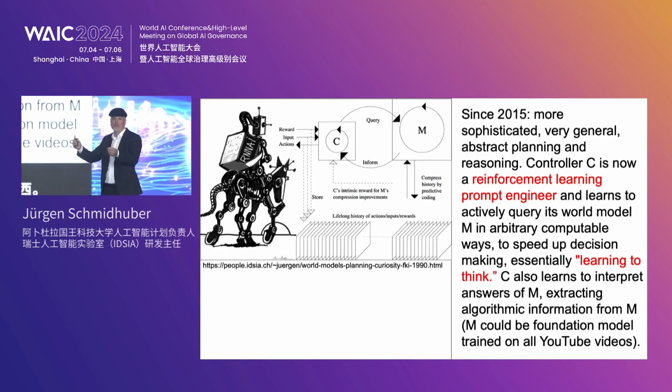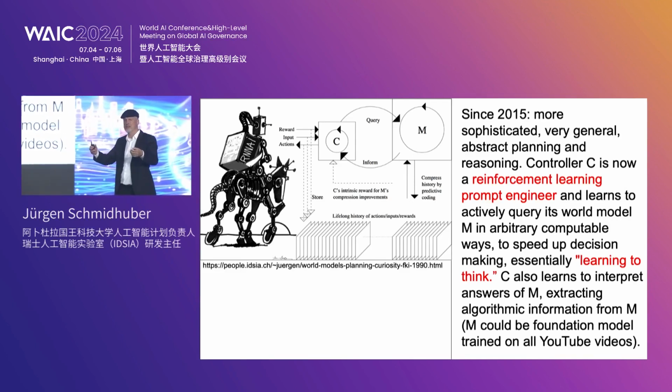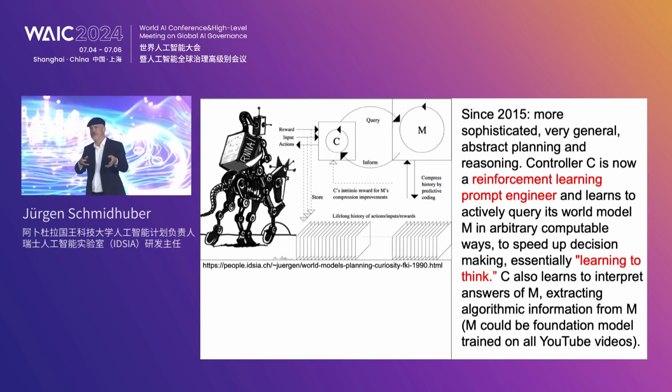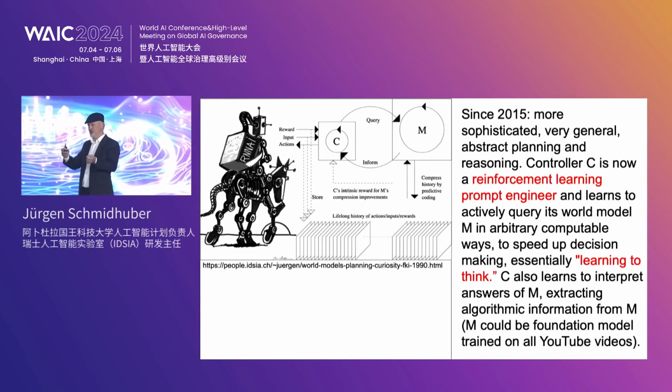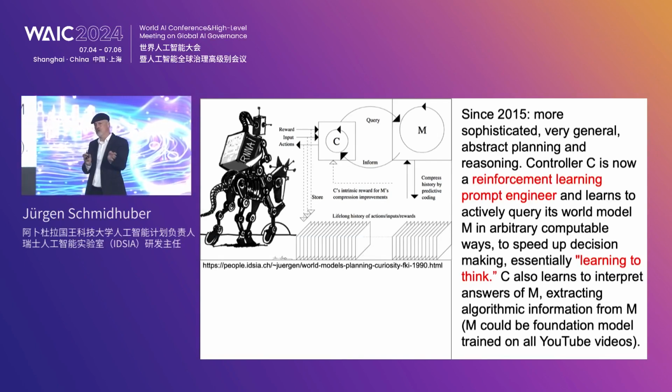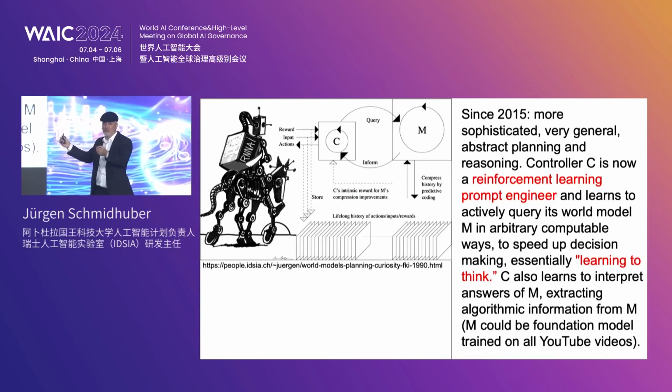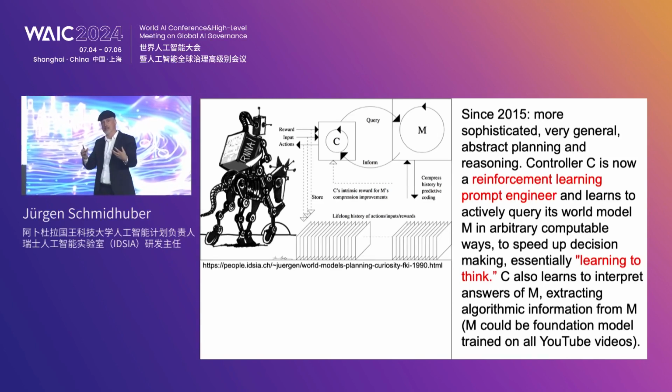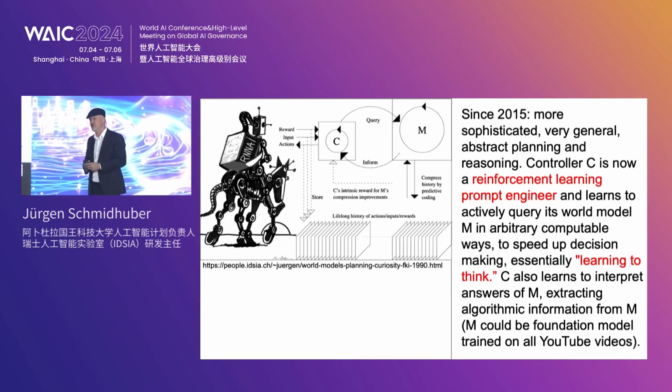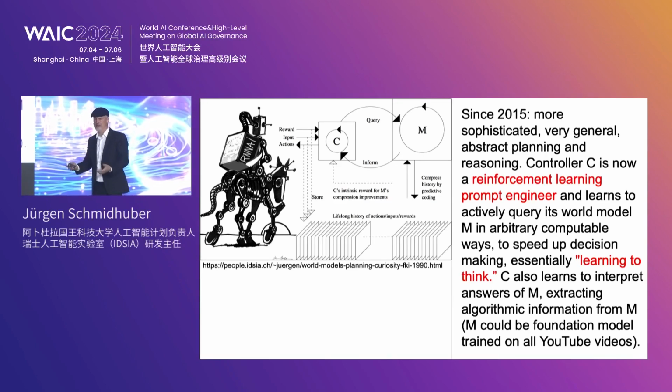It's just number sequences of vectors and numbers. But now it's the job of the controller to learn to interpret these answers and to learn over time to address the right parts of this huge world model such that its own learning process is facilitated, is sped up.